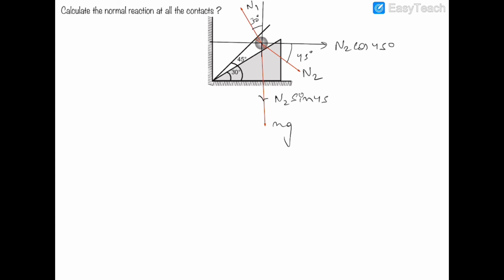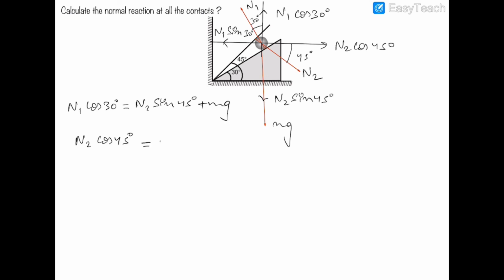These both are equal. For N1, its y component will be N1 cos 30 and its x component will be N1 sin 30. So if I balance out the forces, I'll get that N1 cos 30 is equal to N2 sin 45 plus mg, and N2 cos 45 is equal to N1 sin 30.